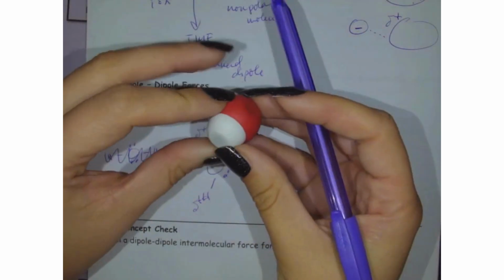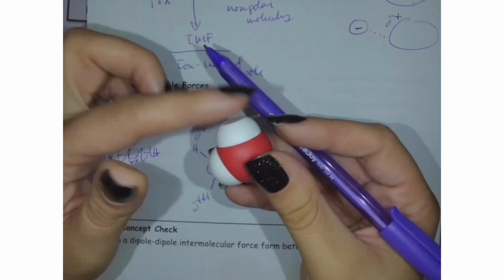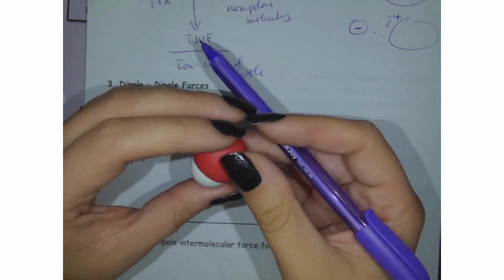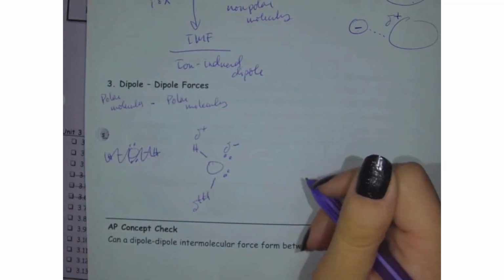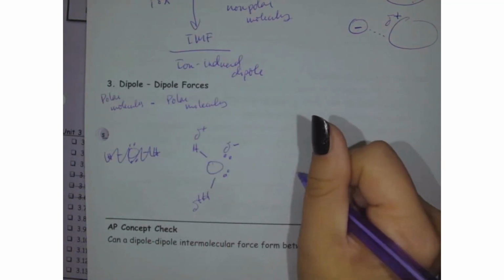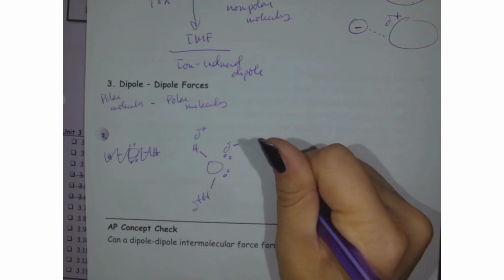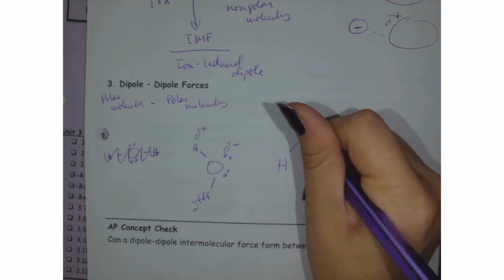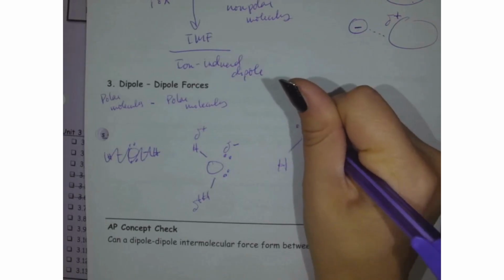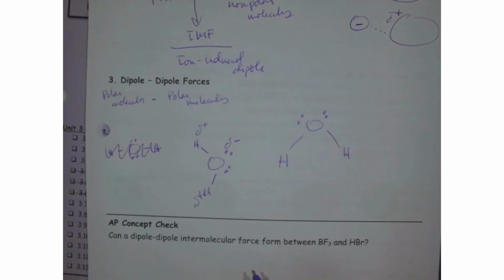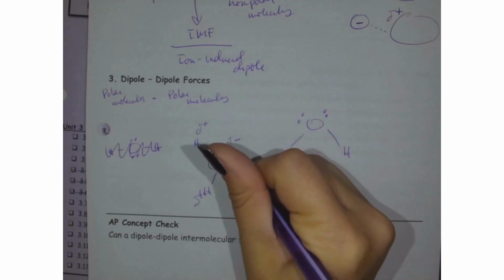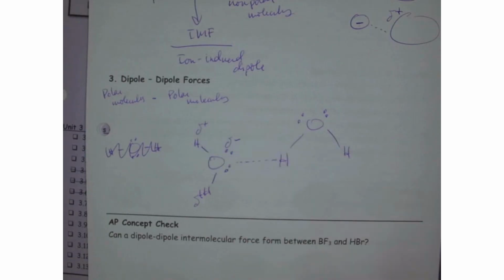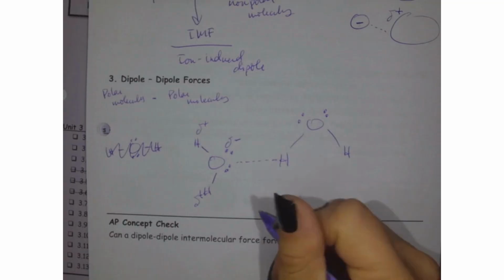So we got this magnet that has a negative end and a positive end on it. And what happens when one magnet, or a polar molecule, gets close to another magnet, or a polar molecule? Then there's going to be an attraction between the negative end of the one magnet and the positive end of the other magnet.